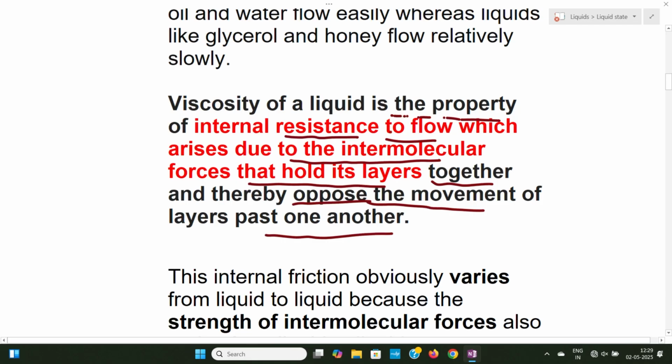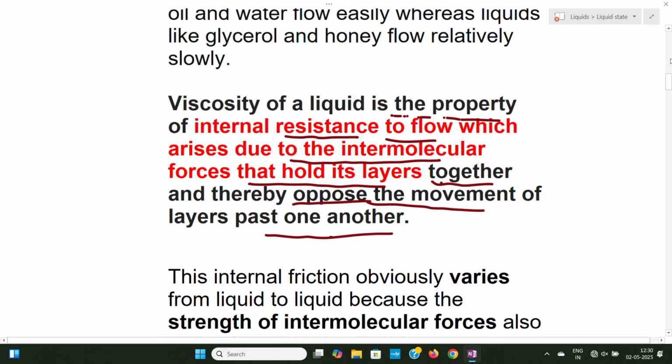So the definition of viscosity is: the viscosity of a liquid is the property of internal resistance to flow which arises due to the intermolecular forces that hold its layers together and thereby oppose the movement of layers past one another. That is viscosity.